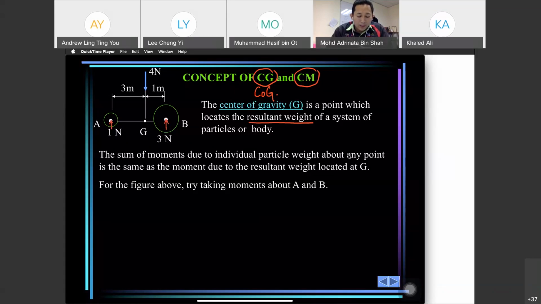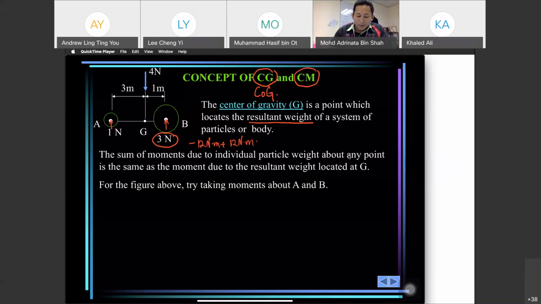If we take moment at A, we have 4 Newton times 3, which is negative 12 Newton meter, because it is clockwise direction, plus 3 Newton times 4 meter. So we have negative 12 Newton meter plus 12 Newton meter. So it is in equilibrium.